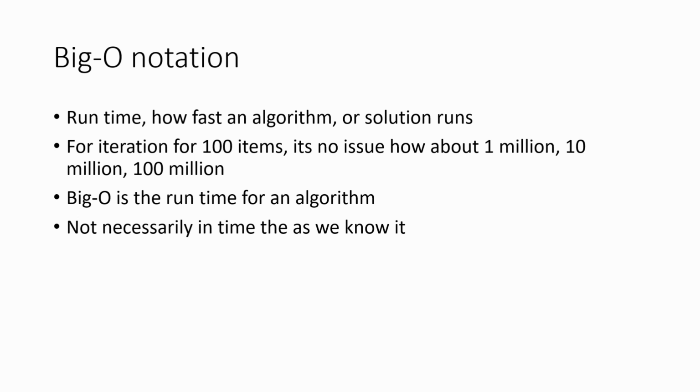And why do we even care? Now let's think of this scenario. If you have to iterate through an array to go through 100 items one at a time, it's okay. How about 1,000? Okay, 2,000, 10,000, a million is getting big. 10 million, 100 million.